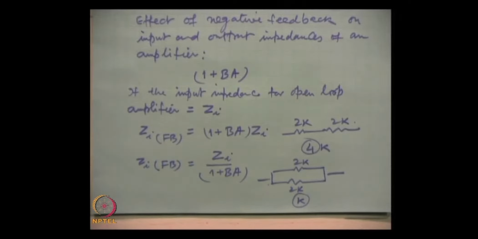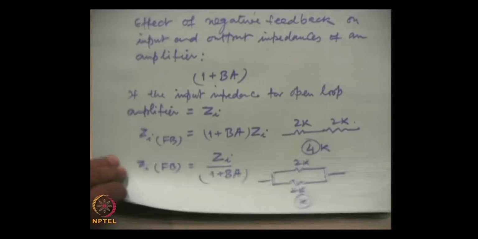We derive an expression for the input and output impedance. I take just one example each at the input and output, and similarly the analysis can be done for all the 4 circuits, because we have to devote time for other things.